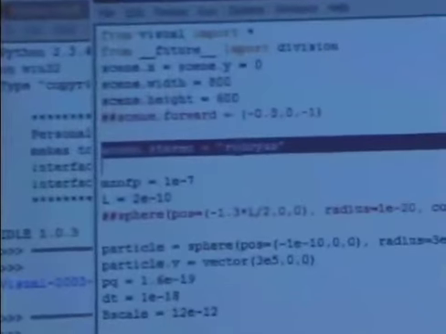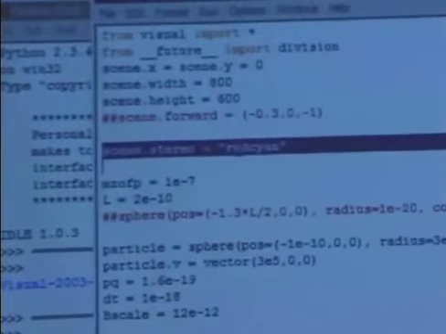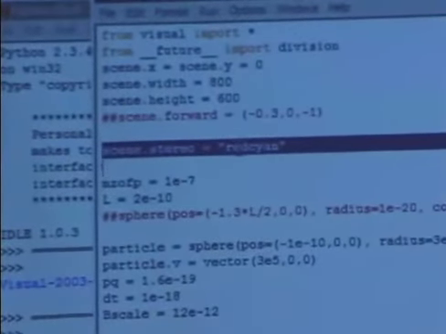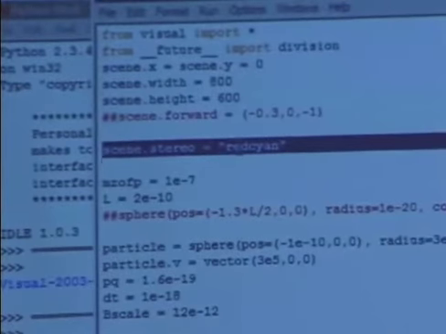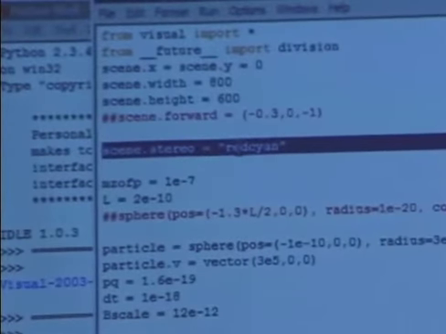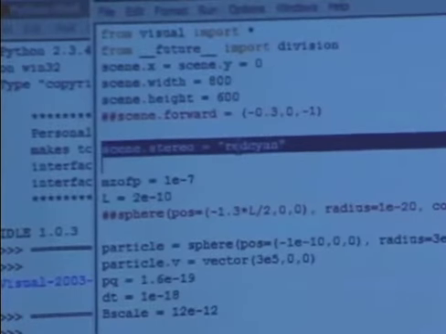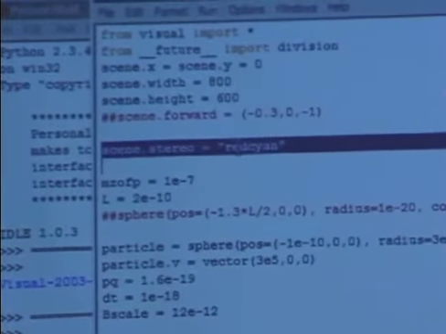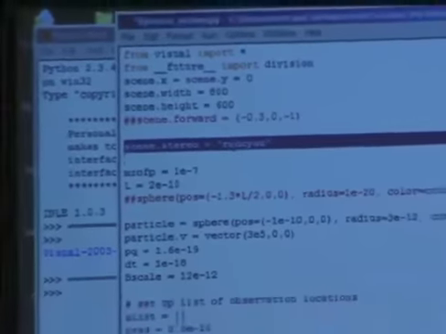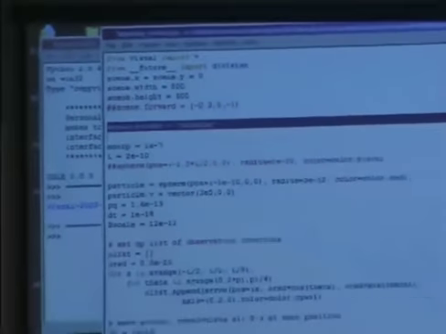And what that's telling VPython to do is actually compute how this would look from two different angles corresponding to where your two different eyes are, and shade these two different images so that one is mostly visible through a red lens and the other is mostly visible through a cyan lens. So let's see what we get.